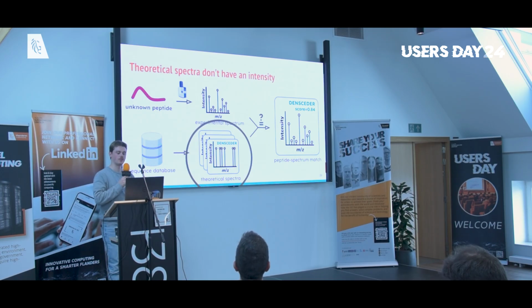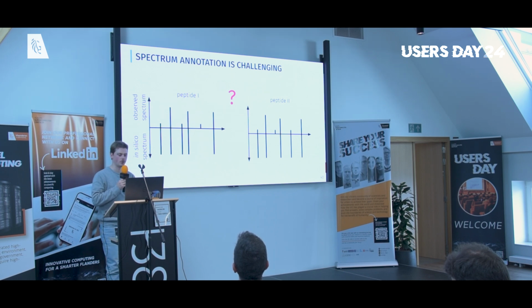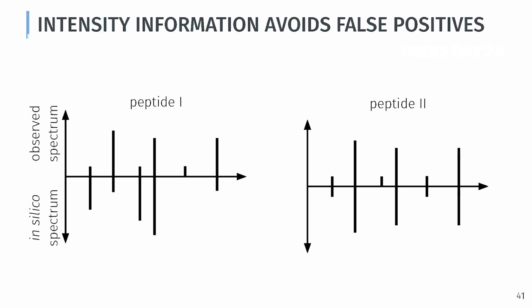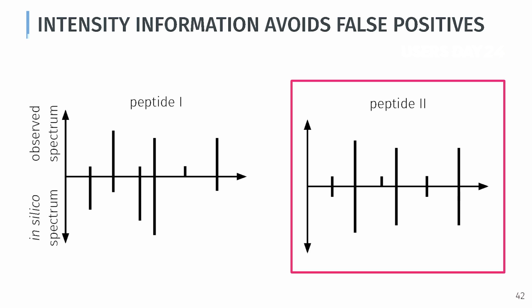So to improve the identifications even more, we want to predict them, because as an example, we have an observed spectrum, the same spectrum we observed on the top, and on the bottom we have two different theoretical spectra, but from this we have no idea which one is actually the correct one. So if we then add the predicted intensities, we clearly see that the right matches much better than the left.